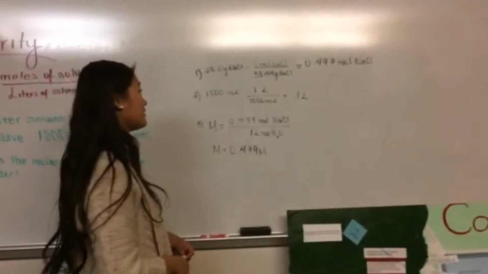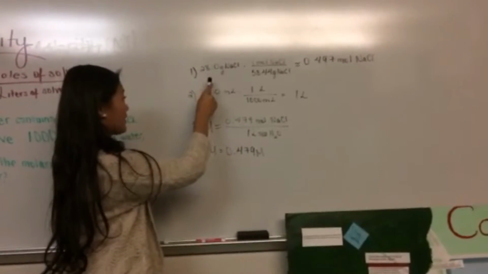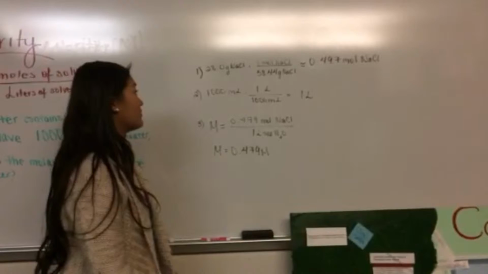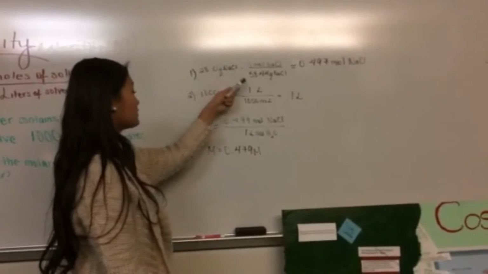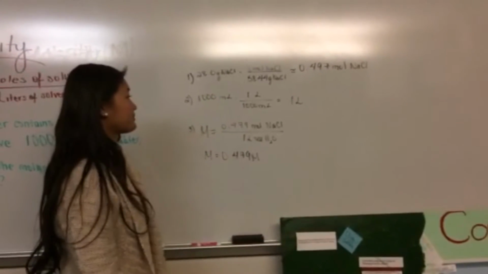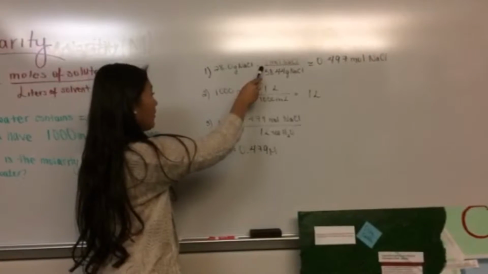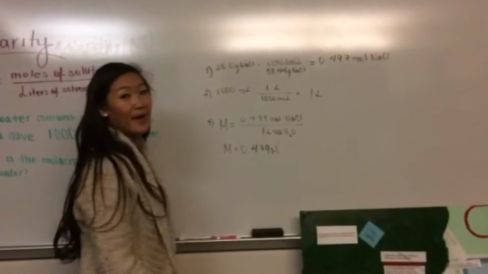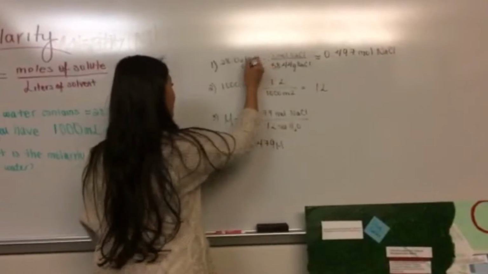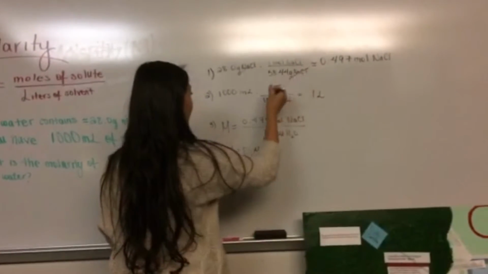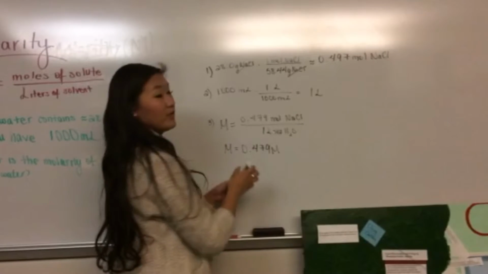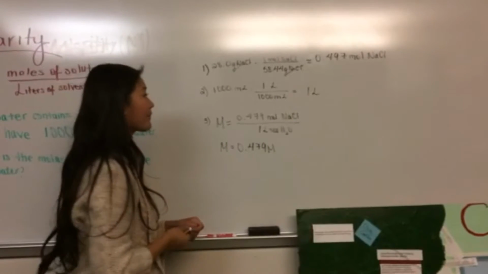And so, to do this, first you're going to convert the grams of salt given to the moles. And so you're going to multiply by 1 mole over the molar mass of salt so that the units cancel out and it leaves you with moles of salt as your unit.